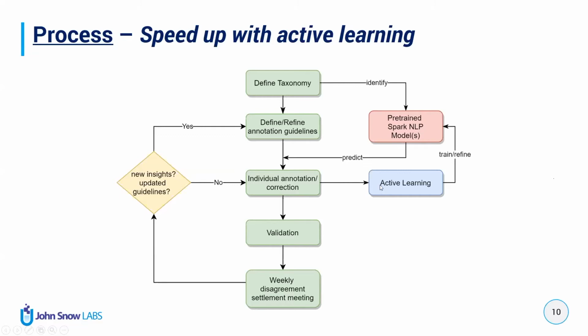Okay, so those are two very important steps that we are currently supporting with Spark NLP. So using the pre-trained models in order to predict annotations at the beginning of the project, and then keep improving those models and creating new ones if necessary in order to help the annotators process the documents quicker and work less.